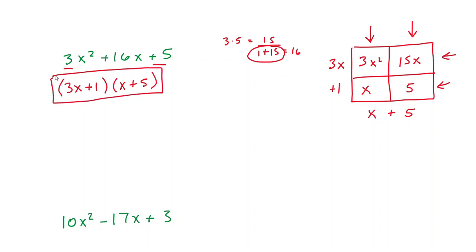If you would like to hit pause and do the multiplication of those two binomials to check my work, you're welcome to do it. Use the FOIL method.